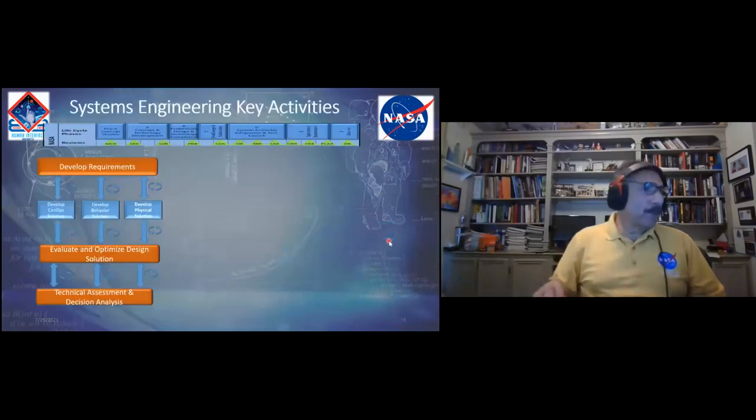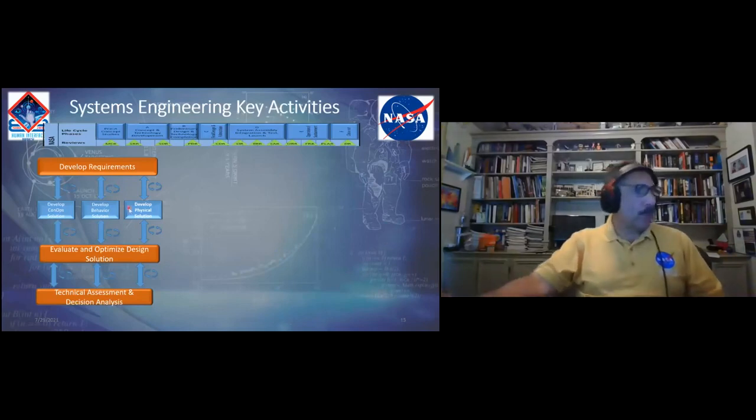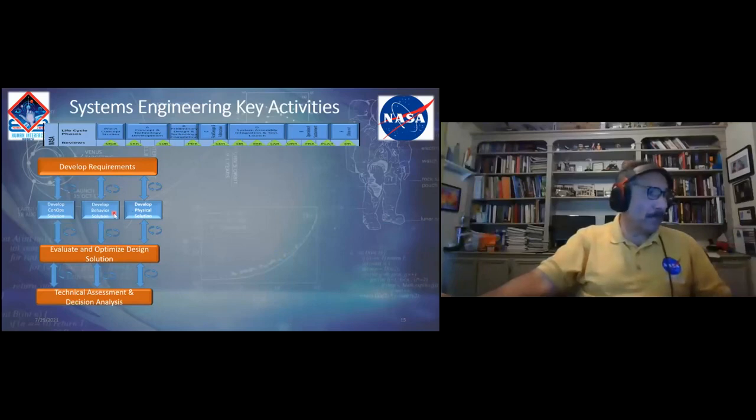All right, so here's another description of the activities going on with developing a human interface. You're developing the requirements, but along the way, you're developing the concept of operations, as I mentioned previously. You're developing the behavior of the solution. I'll say more about that later.